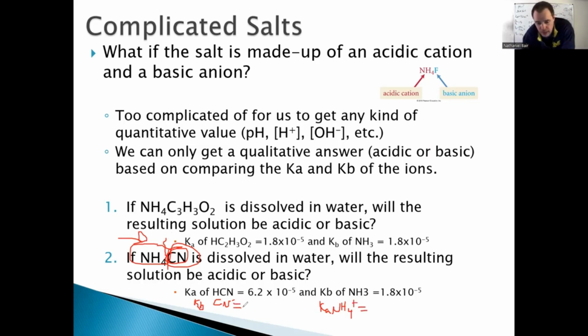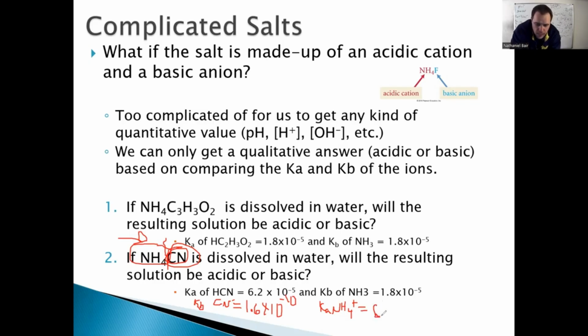So we need to do the Kw thing, 1 times 10 to the negative 14th divided by 6.2 times 10 to the negative 5th. So the Kb of cyanide is 1.6 times 10 to the negative 10th. And the Ka of ammonium is going to be 1 times 10 to the negative 14th divided by 1.8 times 10 to the negative 5th.